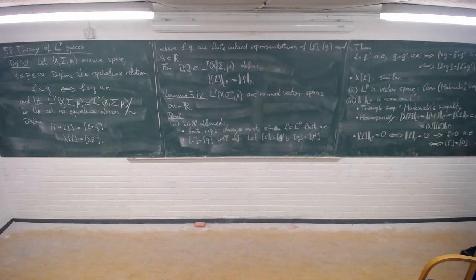So in this new space LP, it is true that if the norm of an element is 0, then the element itself has to be 0. This is the reason why we've done this whole definition of LP spaces, to make the old LP norm into an actual norm.